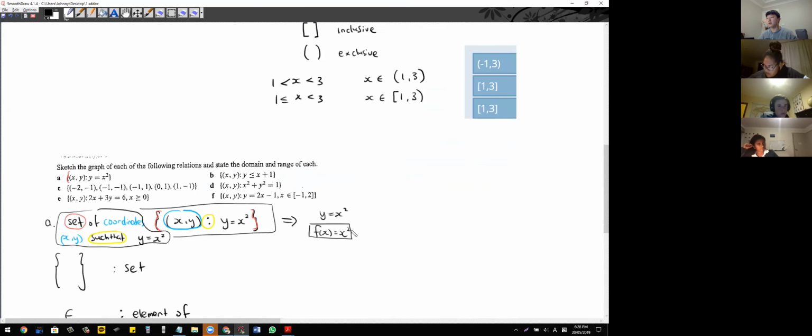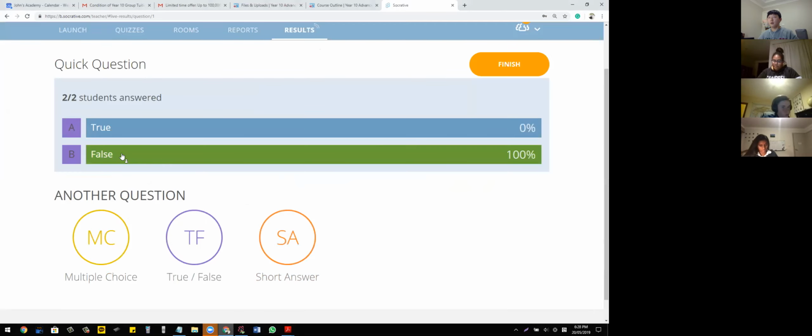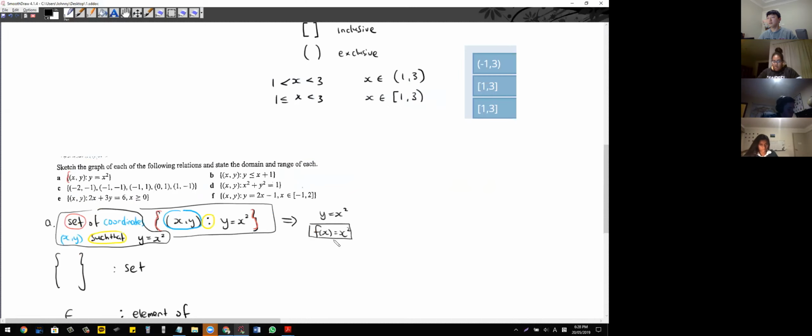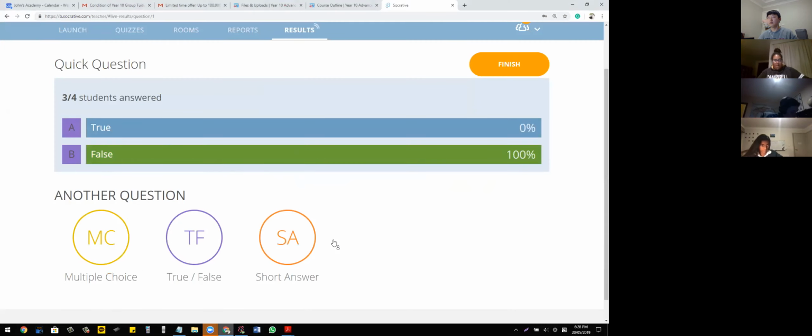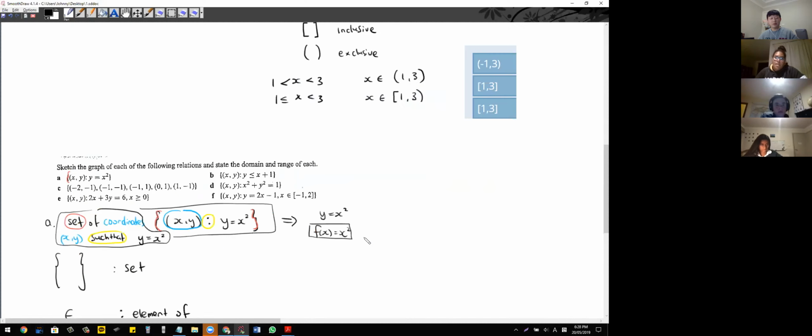So go for true if you've seen this one. The bottom one here, f of x is equal to x squared. False. So 2 of you have not seen it. Okay, so 3 of you haven't seen it. So I'm going to explain it then.